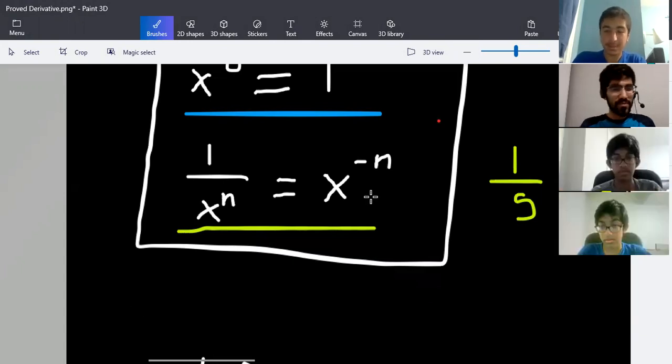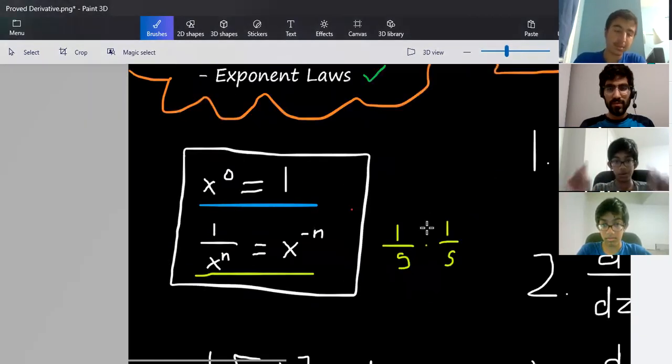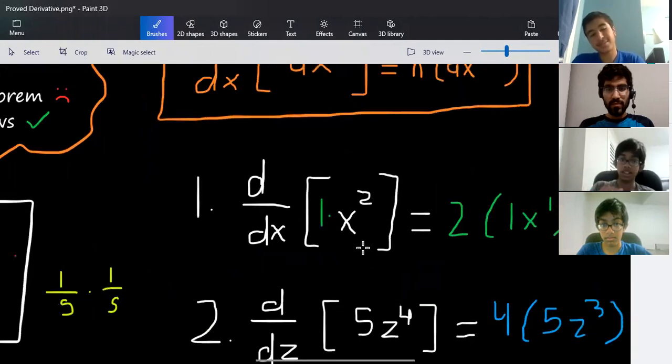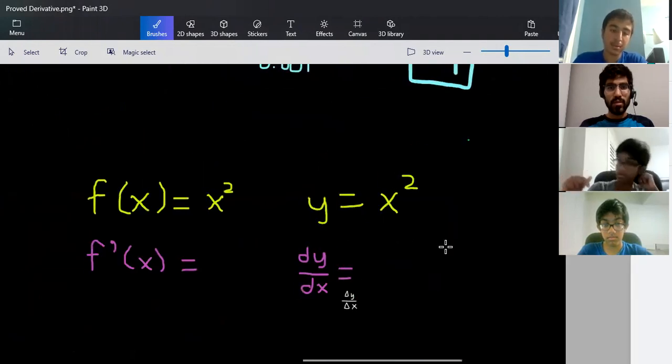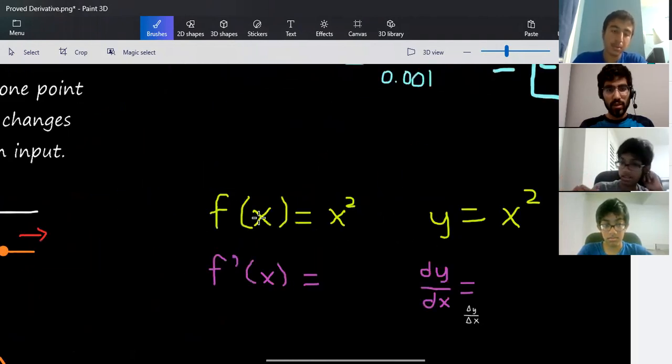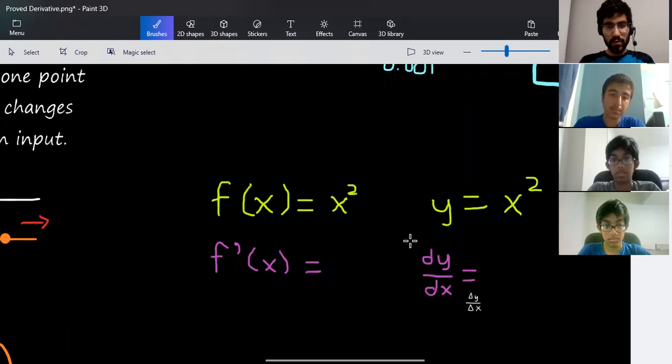Aditya? Yeah, so the input of the derivative function, which is inside the square brackets, that is the function of the line. Is that right? Yeah. So let's say f of x was this, this is the input, and the output you get by squaring the input.